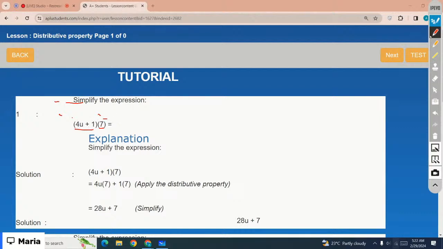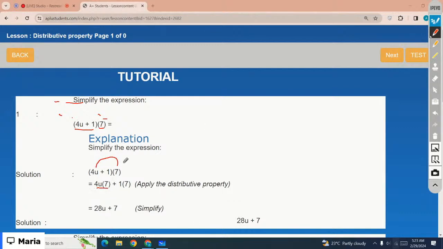That means everything inside this bracket is multiplied by 7. So you have to do 7 times 4u.